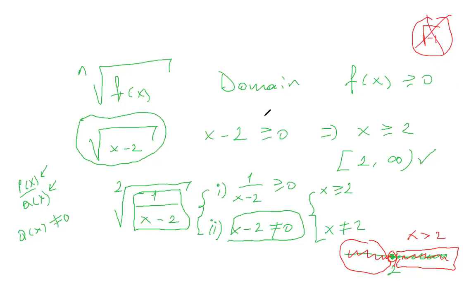Can I take 2? 1 over 2 minus 2, 1 over 0. Radical 1 over 0. What is that? 1 over 0 is undefined. So square root of undefined is still undefined. We can't solve this. But when I take anything greater than 2, 3, 4, 5, 2.1, 2.2, anything, it will always be greater than 0.